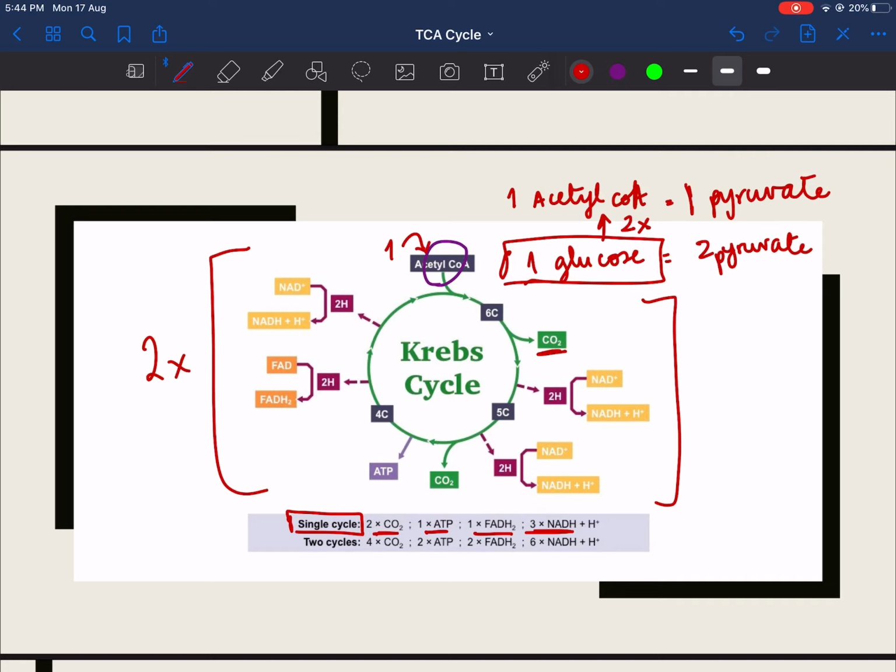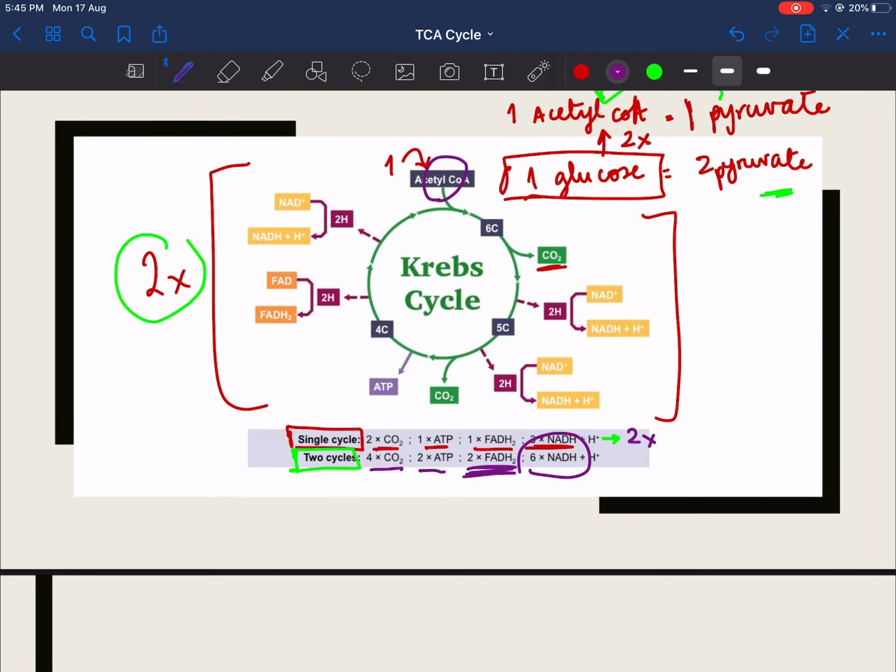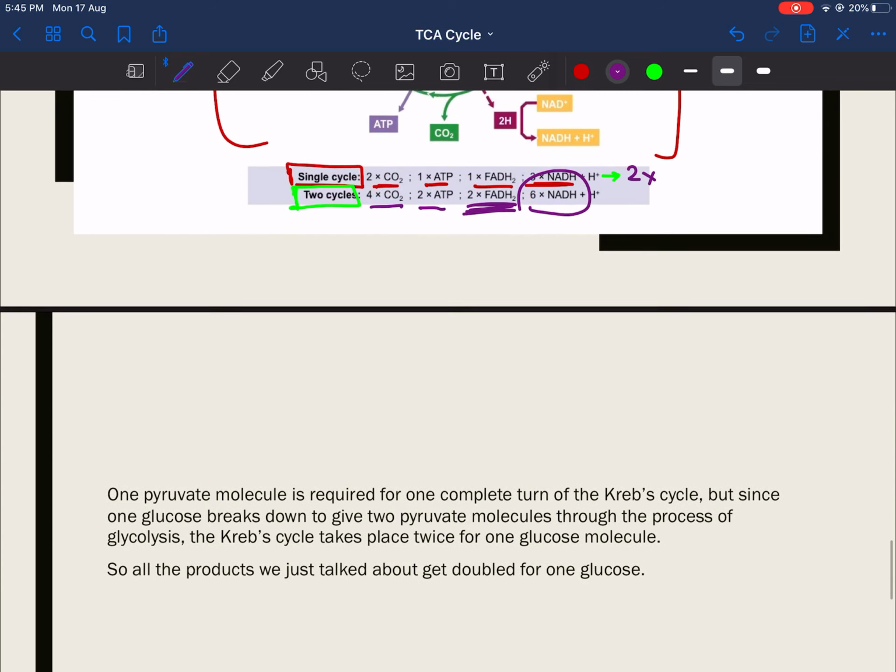So 2 acetyl-CoA means 2 turns of the cycle, and 2 cycles just means that all of these products that we just talked about get multiplied by 2. So 4 CO2, 2 ATP, 2 FADH2, and 6 NADH. Just every product gets doubled for one molecule of glucose.